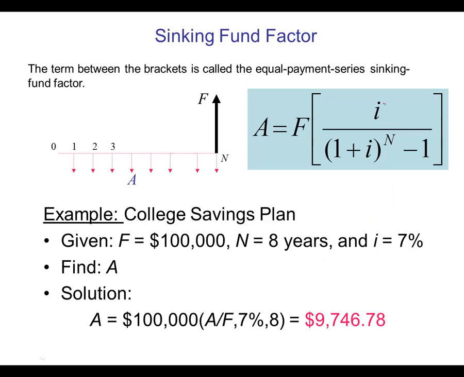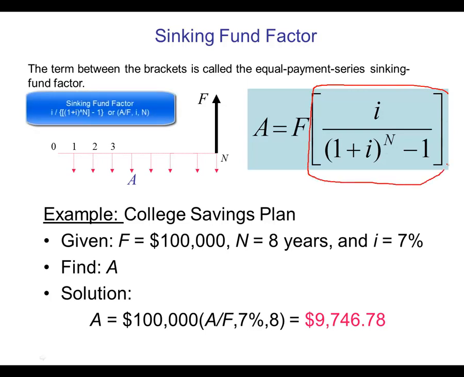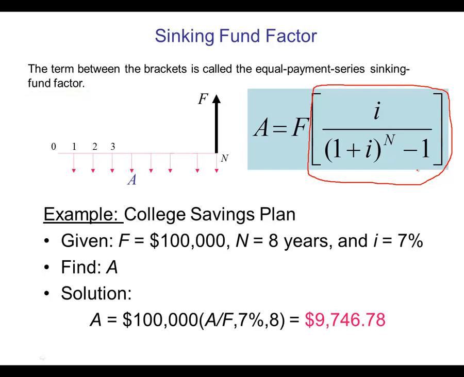The factor, which is I over (1 plus I) to the power n minus 1, is called the sinking fund factor. So for example, if we were given a future value of 100,000, n is equal to 8 years, and I is equal to 7%, find the annuity or the equal payments that need to be paid over the 8 years.